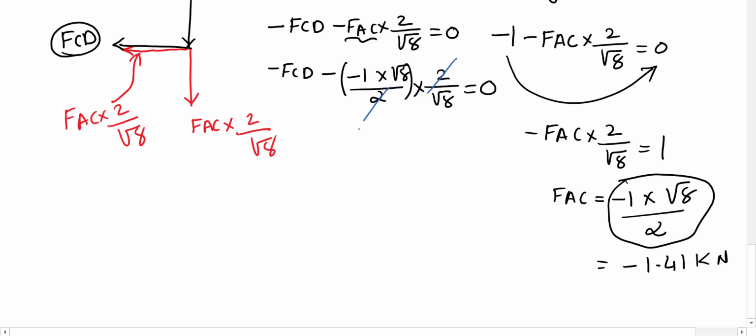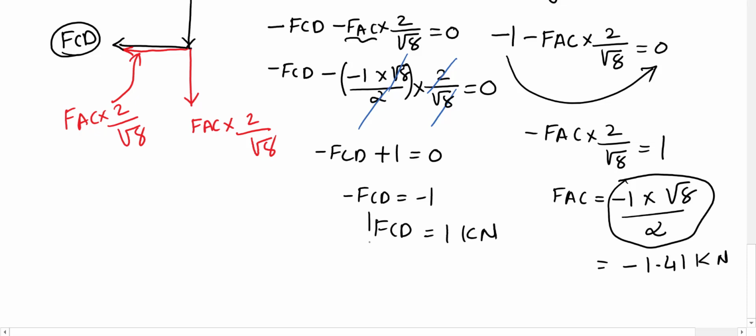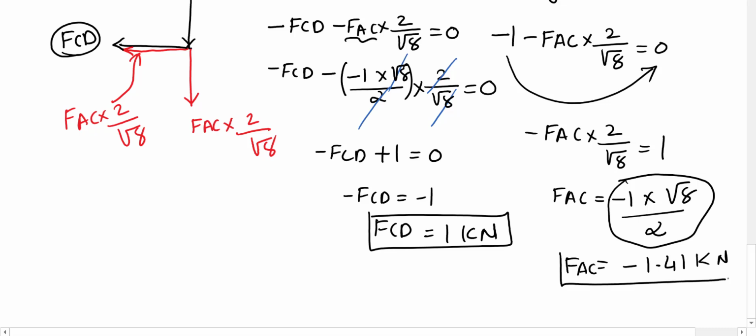So we can cancel the 2 and square root 8. We have minus FCD, minus times minus is plus 1, equal to 0. So minus FCD equals minus 1, FCD equals 1 kilonewton. So that's the second force that we found.